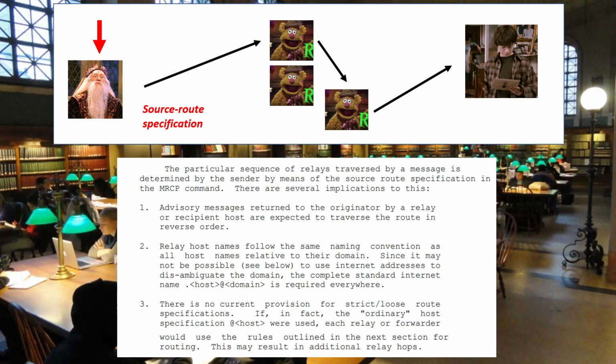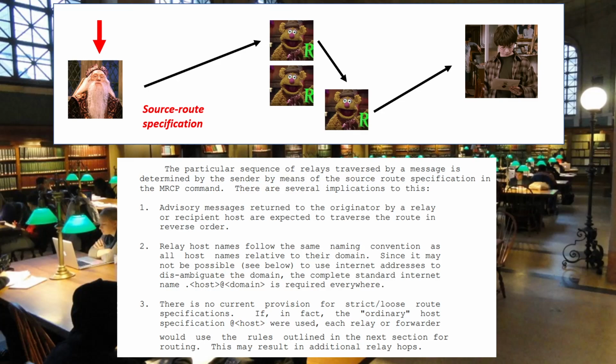There is no current provision for strict or loose route specifications, so sometimes it looks like there's this thing that they're familiar with where you could either have a strict or a loose route. If in fact the ordinary host specification, which is where instead of having at domain, you'd have at host, if that were used, each relay or forwarder would use the rules outlined in the next section for routing.